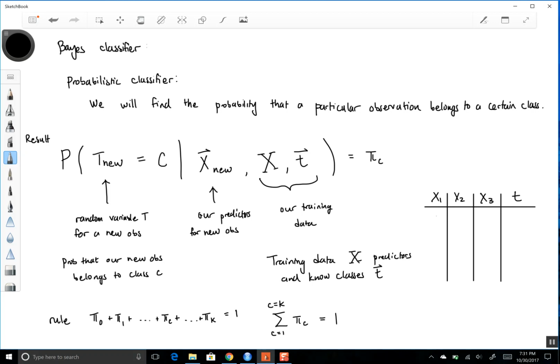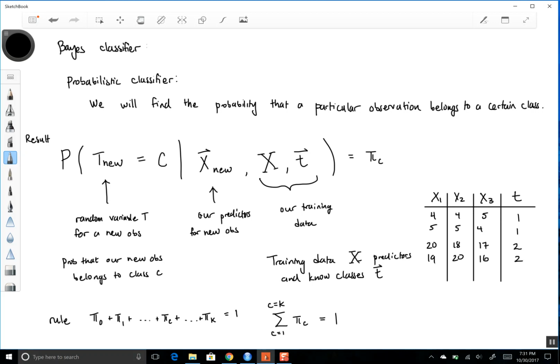If this is 4, 4, and 5, this belongs to class 1. And if it's 5, 5, and 4, this is also class 1. But if here we have 20, 18, and 17, this is a class 2. And if we have 19, 20, and 16, this is also class 2.